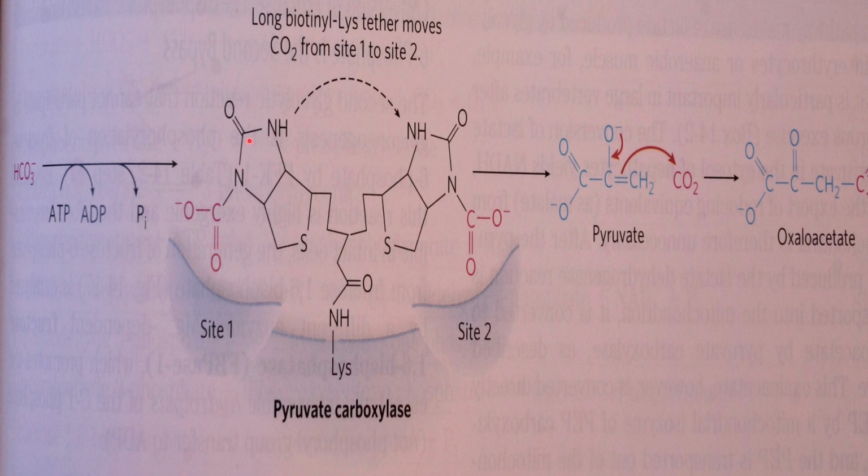It has a tether which moves along from one site to another site, and then is transferred over to pyruvate, picking it up from this to oxaloacetate over here. So there is a movement of the carbon dioxide from one nitrogen and then moved over in tether form to the other one, and you get the pickup of pyruvate using this moiety right here.